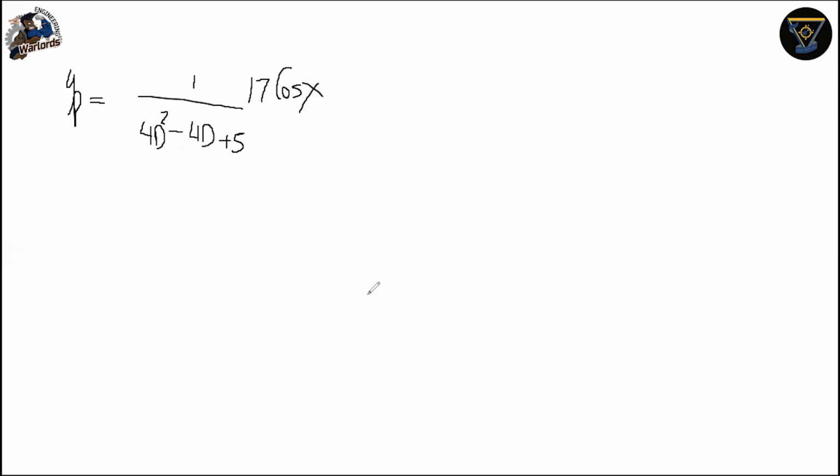So that is the formula on how you actually find yp, right? What we need to do now is make the necessary substitutions. We need to say that d squared is equals to negative a squared, where a is 1, because it's the same as cos 1x.